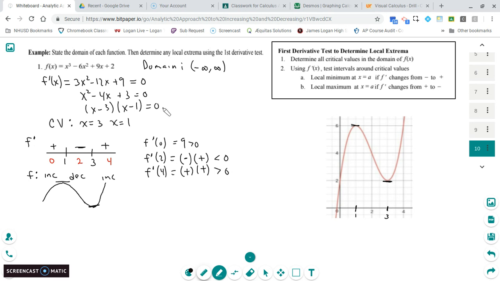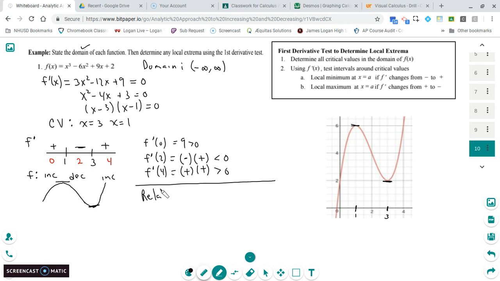All right, so now let's determine any local extrema using the first derivative test. So answer the question, right? What's the question? We've talked about domain, check, and now I have to answer that. So what are my local extrema? It looks like I have a relative or local maximum at x equals 1.